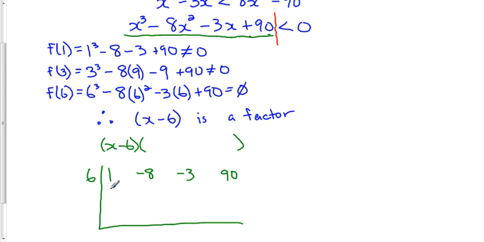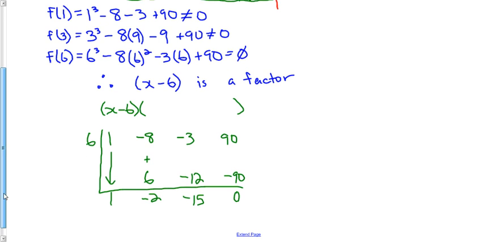We bring down the first coefficient, 1. 1 times 6 gives me 6, and minus 8 plus 6 gives me negative 2. Negative 2 times 6 gives me negative 12. Negative 12 plus negative 3 gives me negative 15. Negative 15 times 6 gives me negative 90, and negative 90 plus 90 gives me 0.